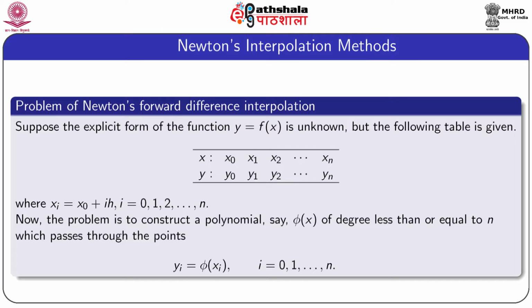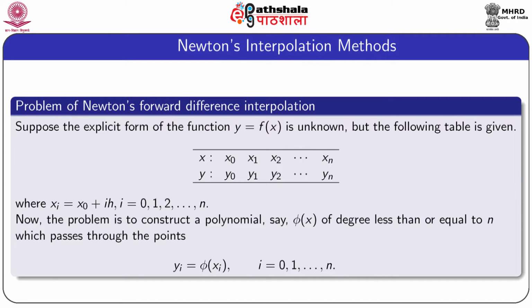This condition implies that the arguments are equispaced. For this assumption, we construct a polynomial phi(x) whose degree is not more than n, and that must satisfy the condition yi equals phi(xi) for all i equals 0 to n. So, this is the condition for any interpolating polynomial.